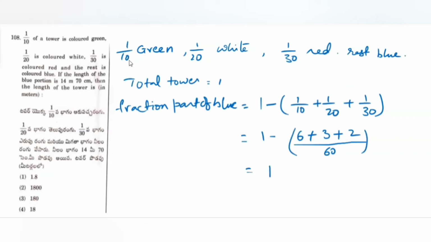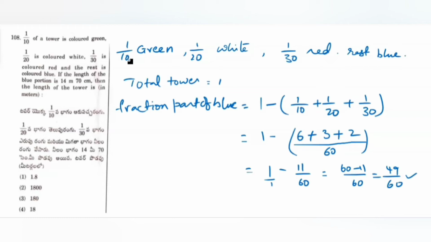That is 1 minus 11 by 60. You can think of 1 as 60 by 60. So 60 minus 11 by 60 gives you 49 by 60. So this is the fraction part of the blue.